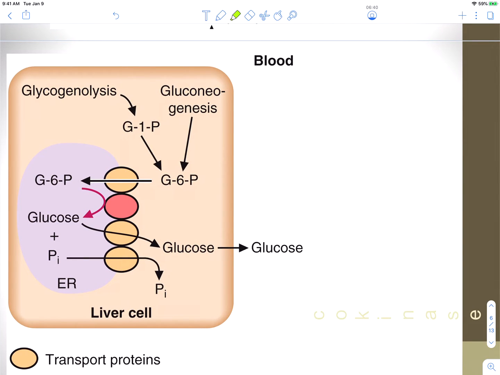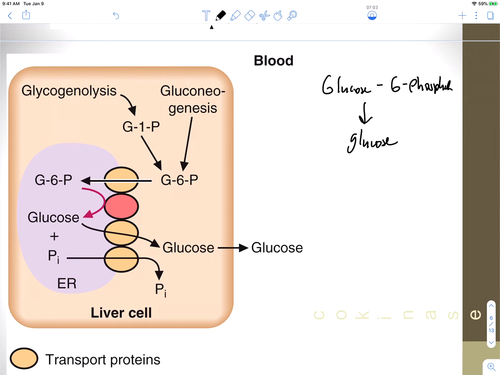Okay, so now in your blood, you have glucose 6-phosphate is going to become glucose. And this is going to be glucose.